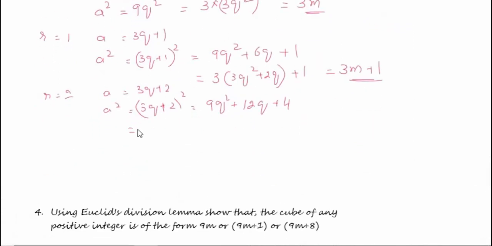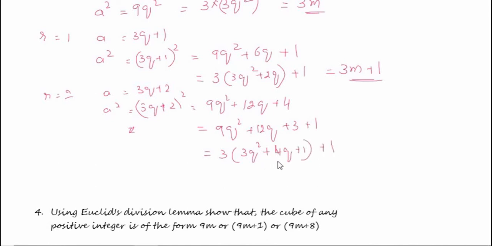This can be written as 9q square plus 12q plus 4. Let us split 4 as 3 plus 1. So now taking 3 out from the first 3 terms, this is 3 into 3q square plus 4q, plus 1.